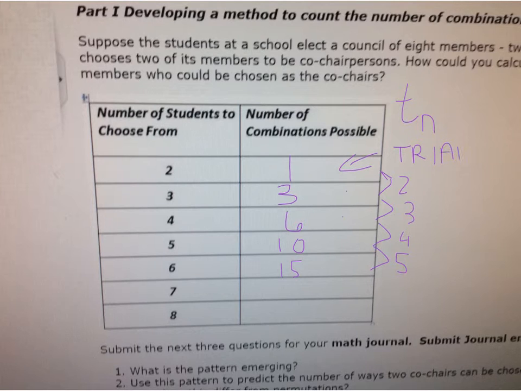What I'll ask you to do is look up triangular numbers on the internet and read about them a little bit and find out how that pattern works, because I think you'll be able to read more explanation and get a better understanding by reading through that. And then you can use that formula to predict how many for 10 students and so on.